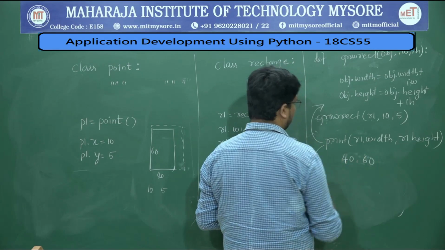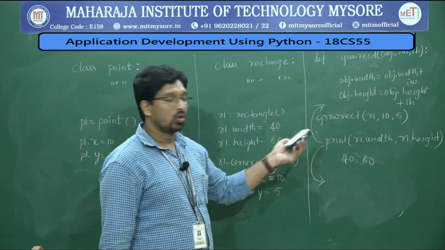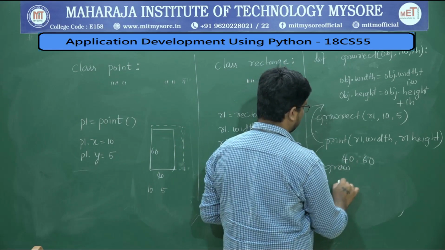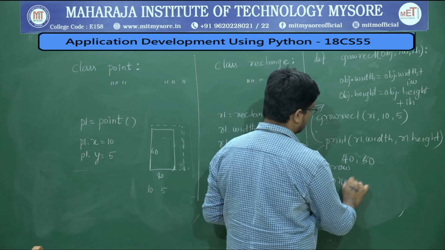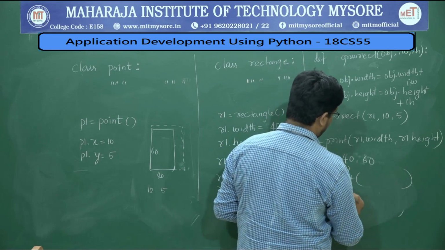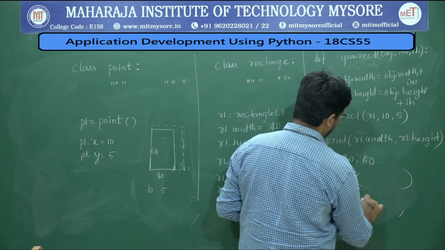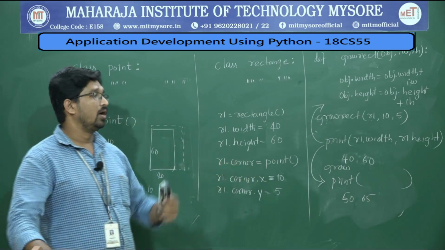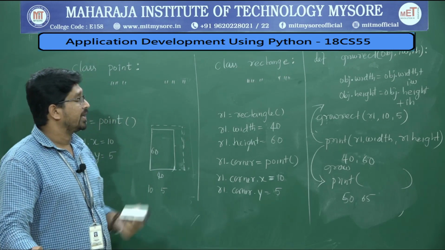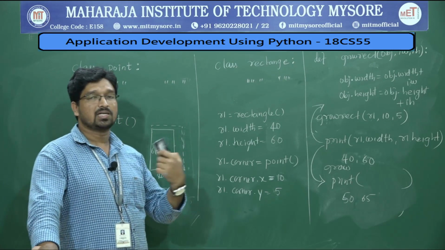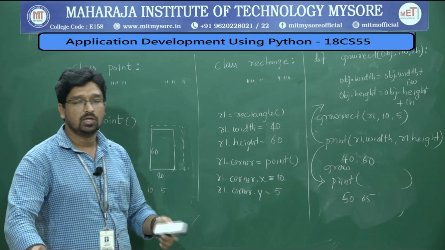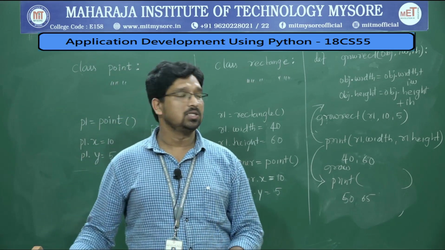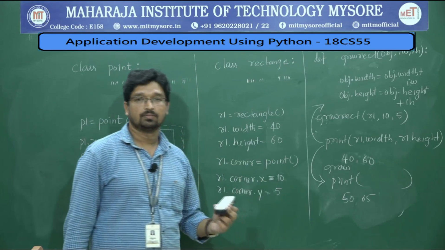Again, if you print the values after grow_rectangle, you will get the values as 50 comma 65, 50 and 65. So that is how we prove that objects are mutable. You can change the value as per your requirements. You can keep on changing the values of the object.